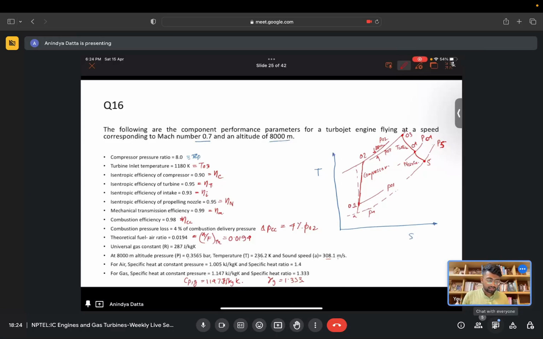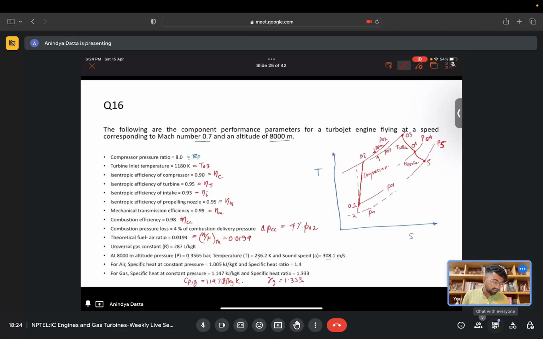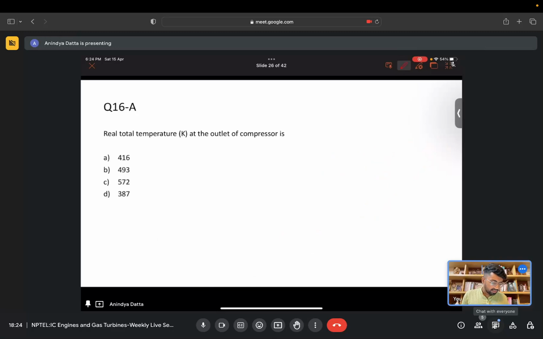Okay, let's start then. The first question is the real total temperature at the outlet of the compressor, which means we have to find T02. First we have to find T01.